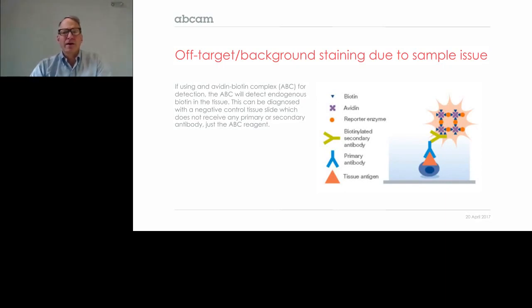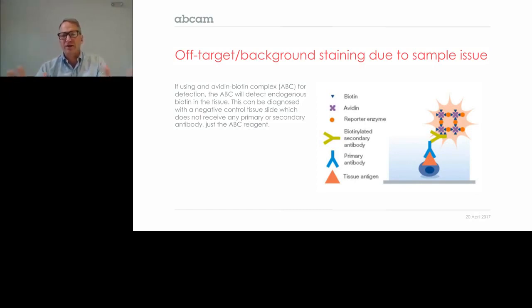Okay, off-target background staining due to sample issue. Here we go. If using an avidin biotin complex for detection, the ABC will detect endogenous biotin in the tissue. And this can be diagnosed with a negative control tissue slide, which does not receive any primary or secondary antibody, just the ABC reagent.